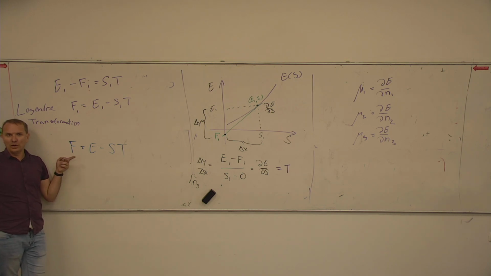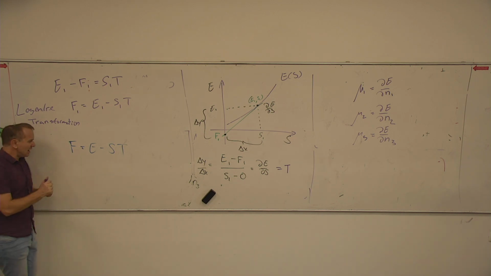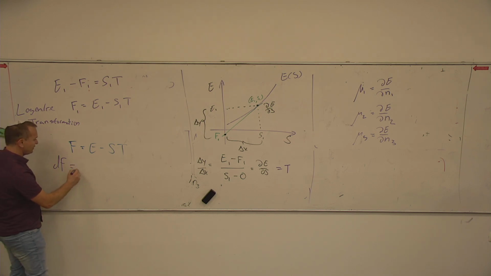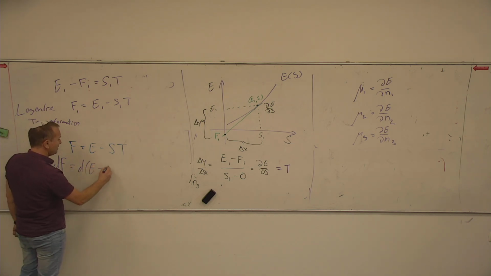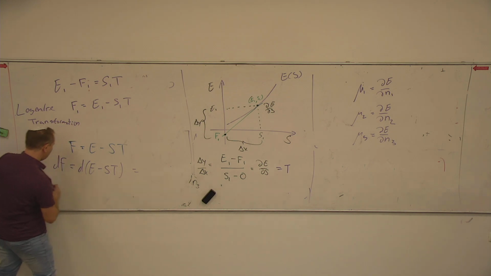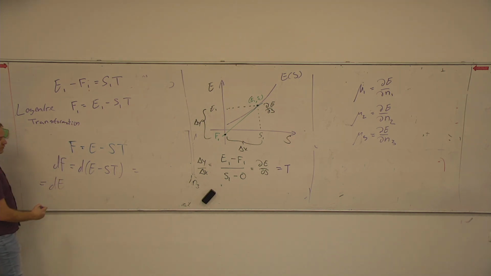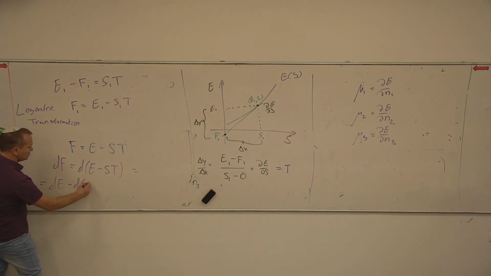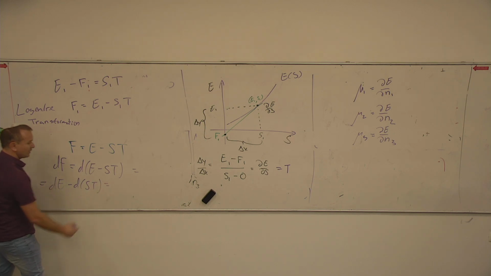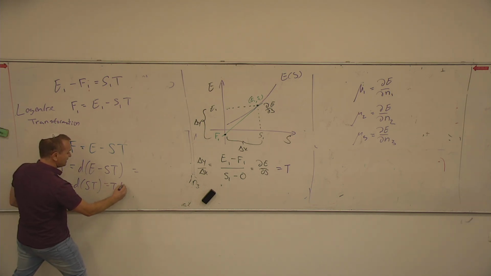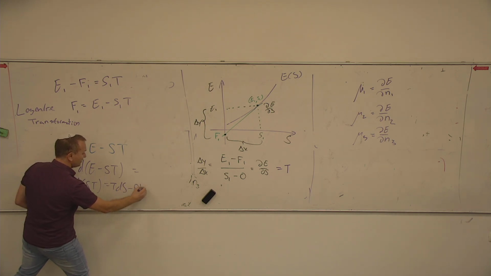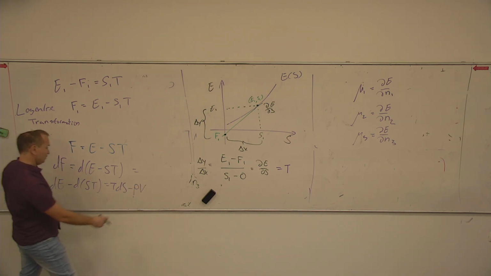In order to understand what variables F depends on, I have to describe what dF is. So dF is d of E minus ST. It is the differential of E minus the differential of ST. It equals dE, and we know what it is, TdS minus PdV, okay, minus PdV.